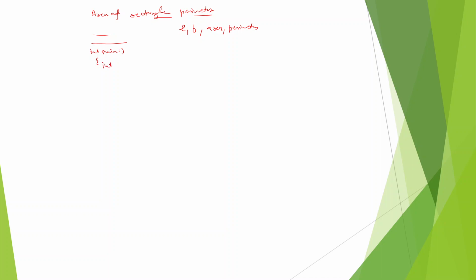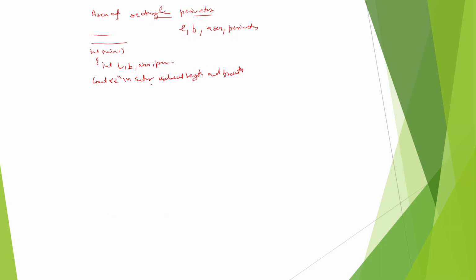Then you have to give names L for length, B for breadth, area, and perimeter. Then you have to give the message, enter value of length and breadth.